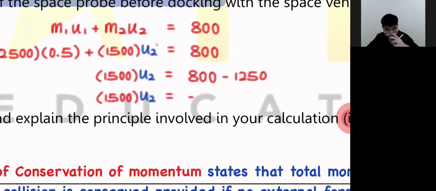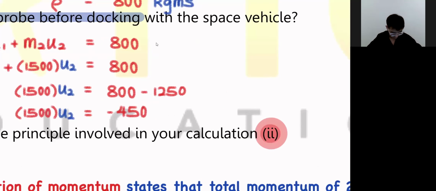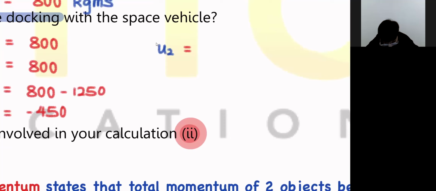So 800 minus 1,250, you will get negative 450. So 1,500 times U2 equals negative 450. So U2 will be, same thing, algebra expression, negative 450 divided by 1,500. Press your calculator and your answer should be negative 0.3 meter per second.